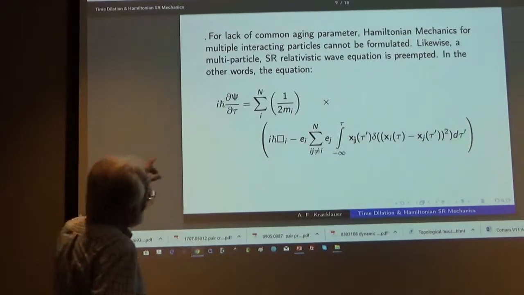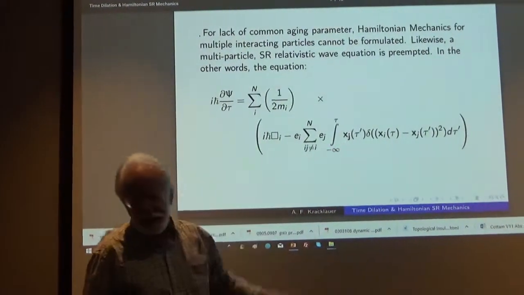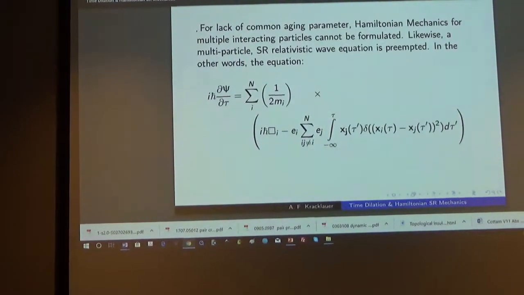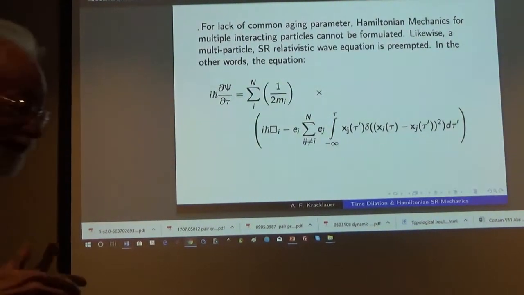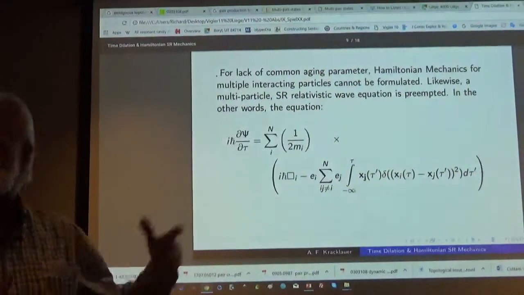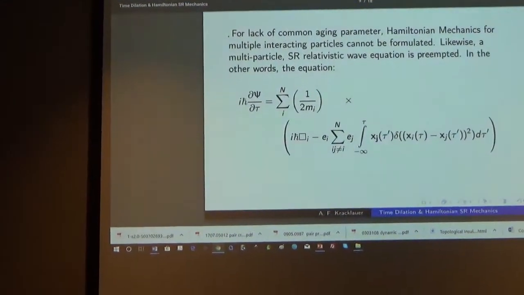So the equation itself, just in my mind, is sort of a minimum set of requirements in order to have a logical, reasonable sort of relativistic physics. This is special relativistic physics for the universe.